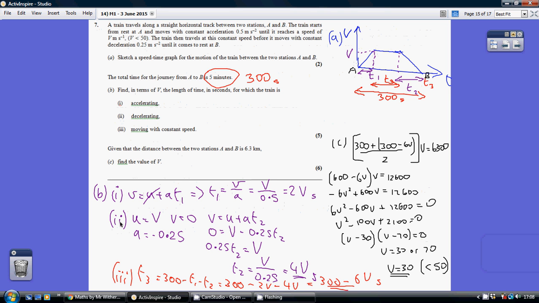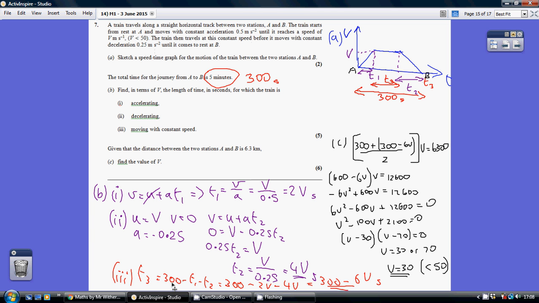Now for part 2, in terms of v, the length of time, well, we're decelerating, so this period of time here, which I'm calling t2. So for this journey here, our initial speed, our u, is actually our v. Okay, it's our constant speed we were travelling at. Our final speed v is 0, because we come to rest at B, and we know we're decelerating at 0.25 meters per second squared.